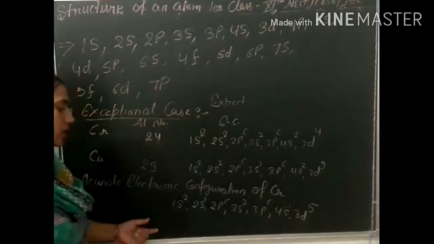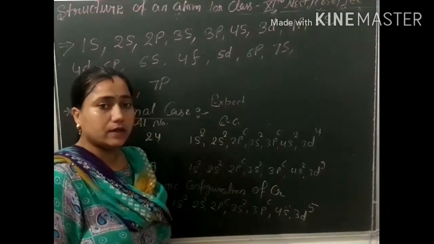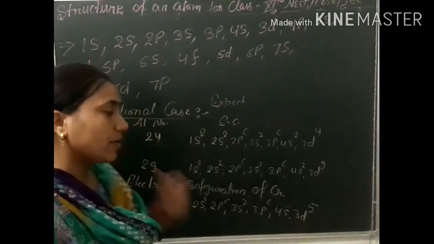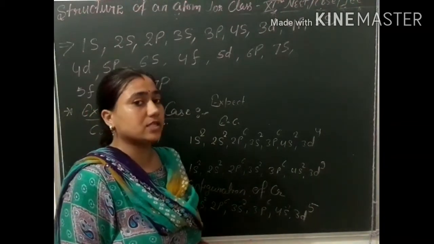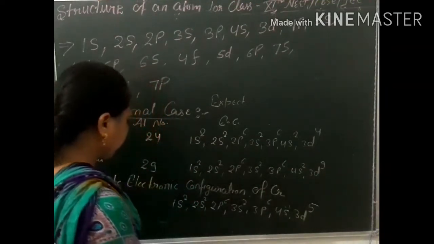Now this is the actual electronic configuration of chromium, that is 4s1 and 3d5. Now this is due to the symmetrical distribution and exchange of energy, which we will discuss now.